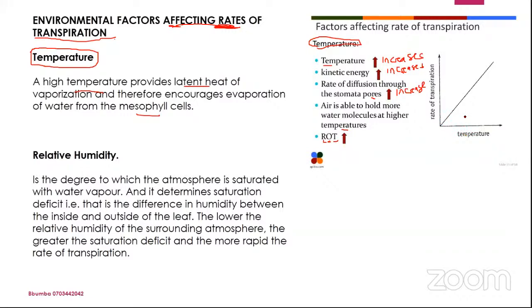So as temperature increases, the rate of transpiration also increases. And why? You know that temperature increases the kinetic energy of the molecules, and so they will move through the stomata very fast. Another influence is that there are more water molecules at a higher temperature.